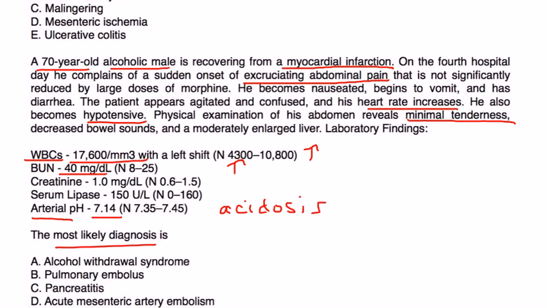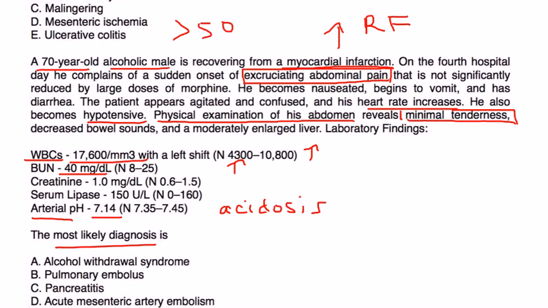Most likely diagnosis is, well, again, patient that's greater than 50. He's got MI, which is obviously caused by some coronary artery ischemia, usually due to atherosclerosis, so that's definitely a risk factor for developing mesenteric ischemia. He's got excruciating abdominal pain, but his abdomen on physical exam shows minimal tenderness.